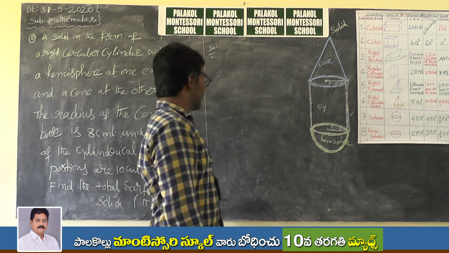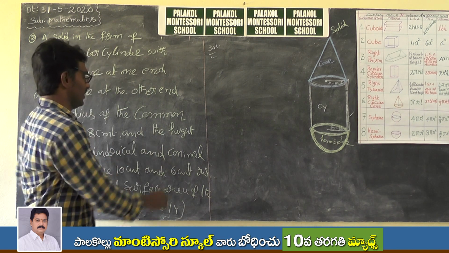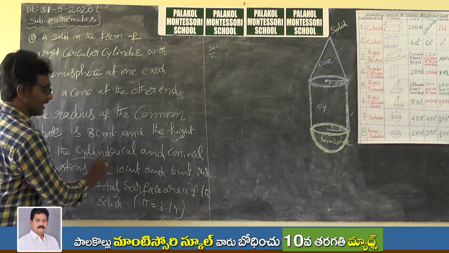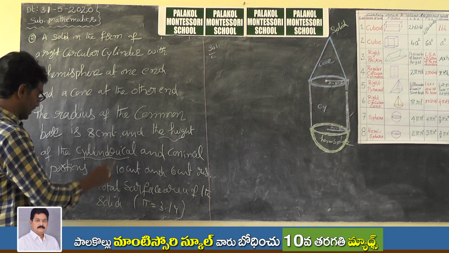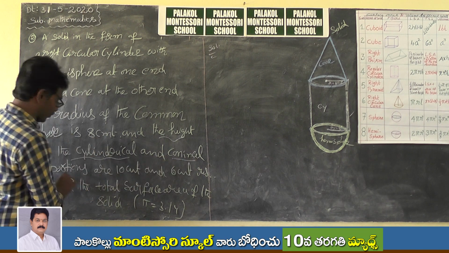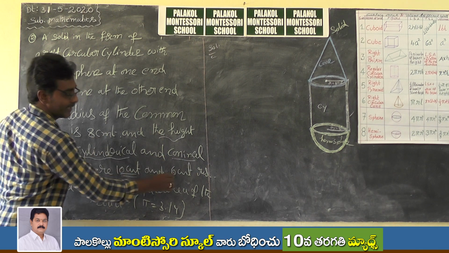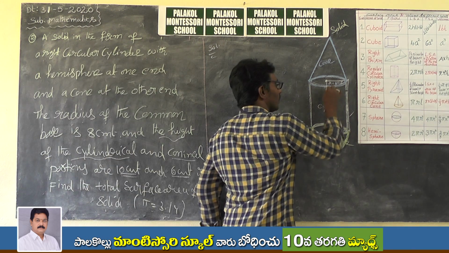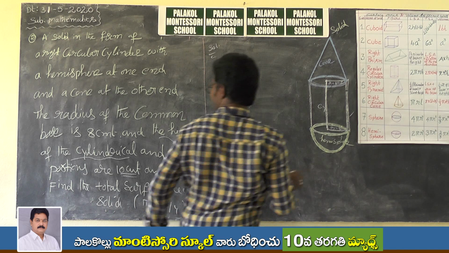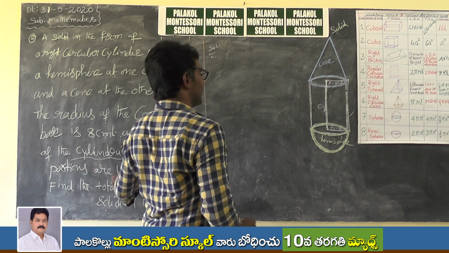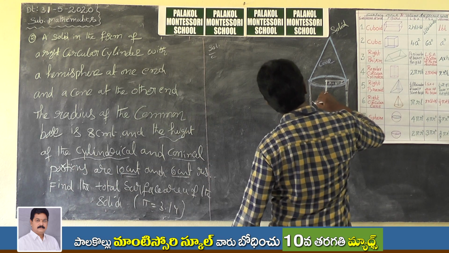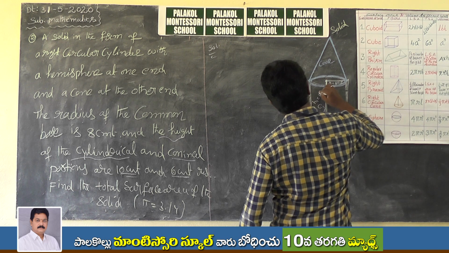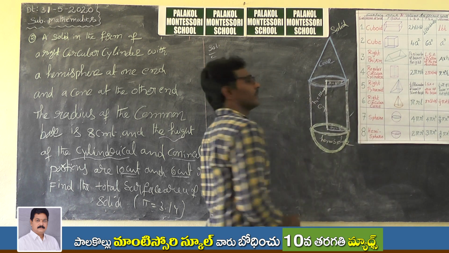Okay, guys. Next one, heights are there. See, the heights of the cylindrical portion and the conical portion are 10 centimeters and 6 centimeters. First, what is the height of the cylinder? The number here is 10, so that is H1. H1 is 10 centimeters.